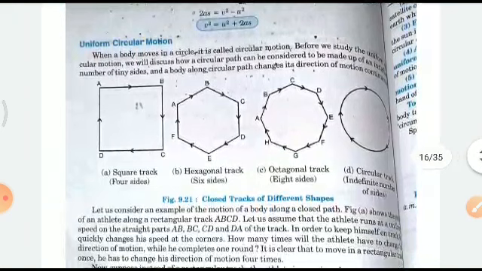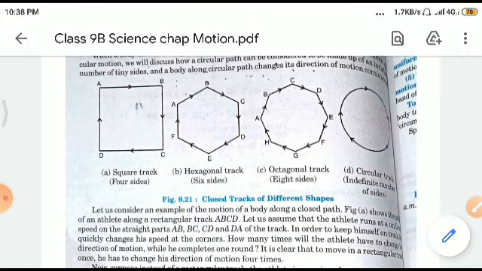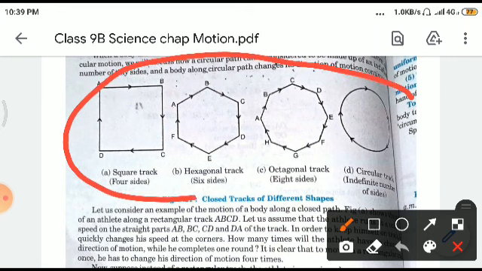Now we come to uniform circular motion. When a body moves in a circle, it is called circular motion. We will discuss how a circular path can be considered. See all these paths. One thing is very common amongst all these paths, and that is the body starts from a point and comes back to that point.